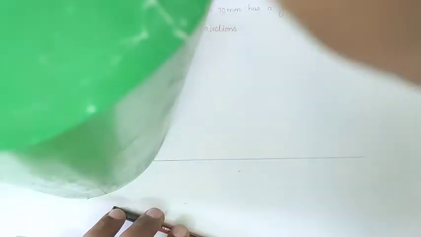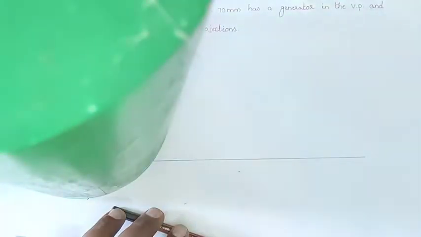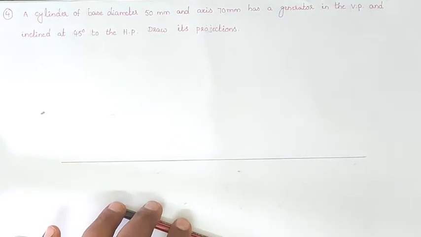These are the generators. Generator in the VP means this is the direction. In this direction, when it is kept on the VP, we will draw the top view of our diagram on the reference line in this position.